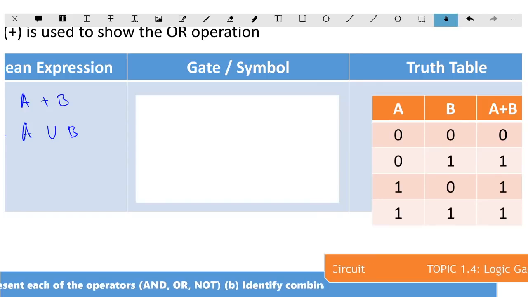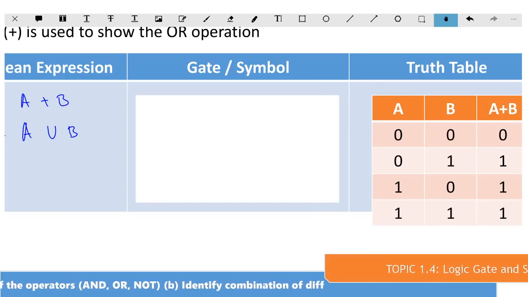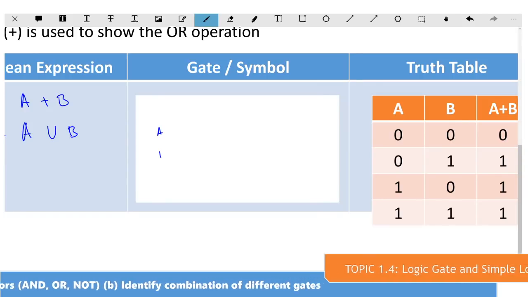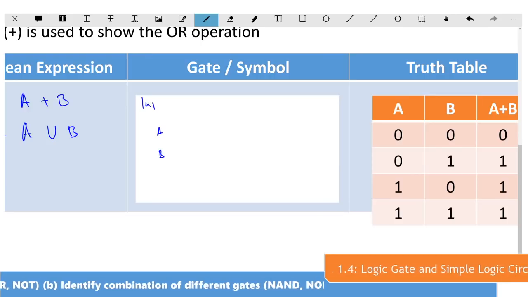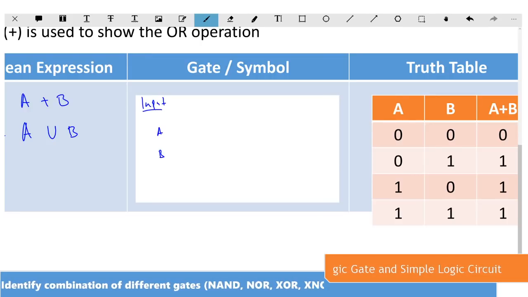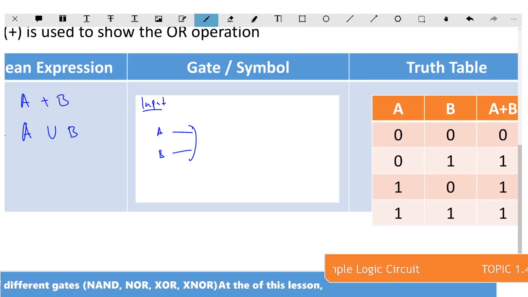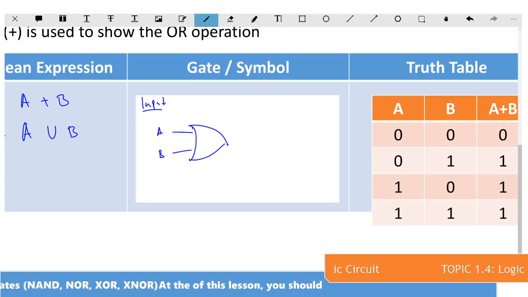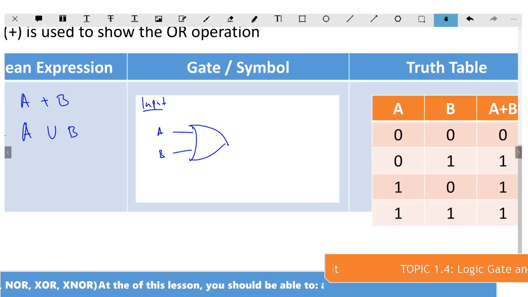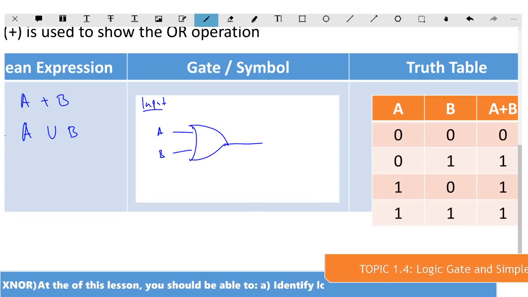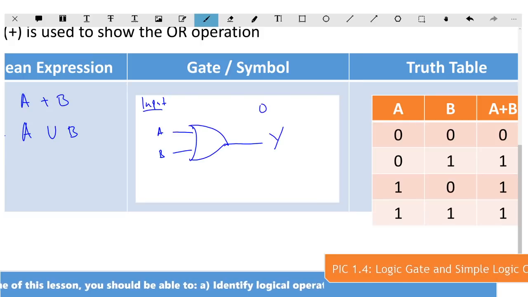The symbol for the OR gate is like this. A and B as inputs go through the OR gate, and Y is an output.